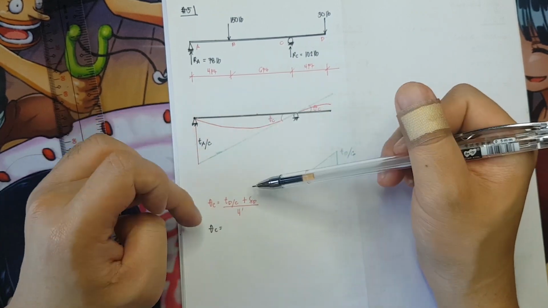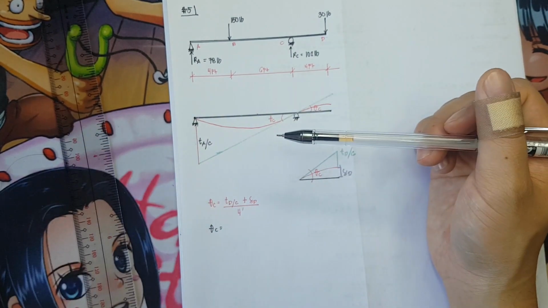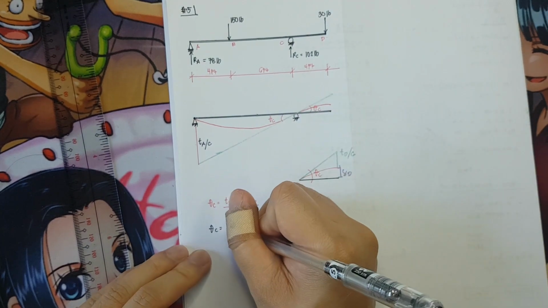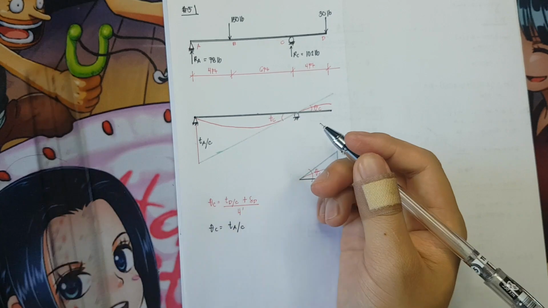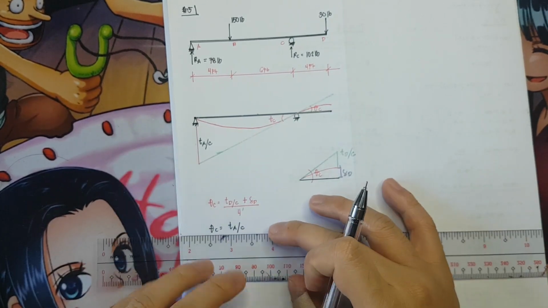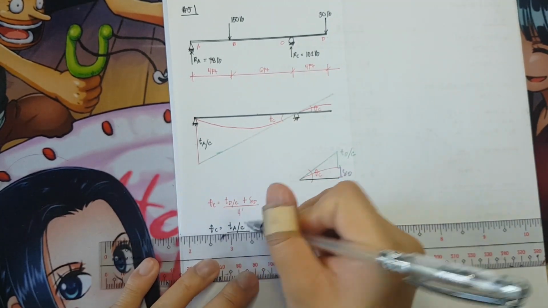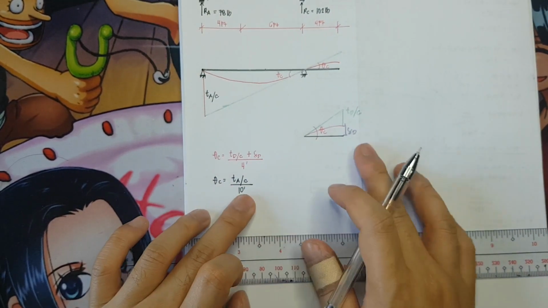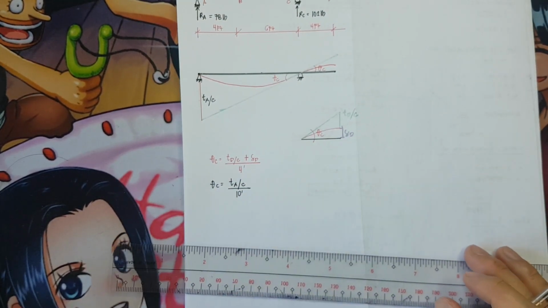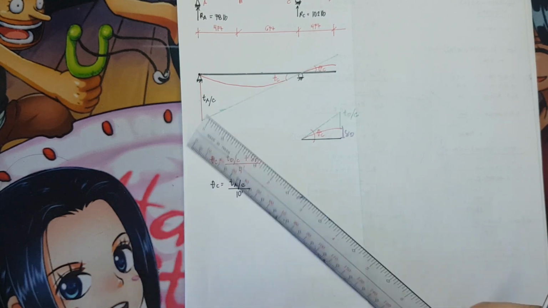But tangent theta C is also equivalent to theta C. So tangential deviation of A relative to C divided by the length of 10 feet. So we can solve TAC and TDC using our moment diagram by parts.